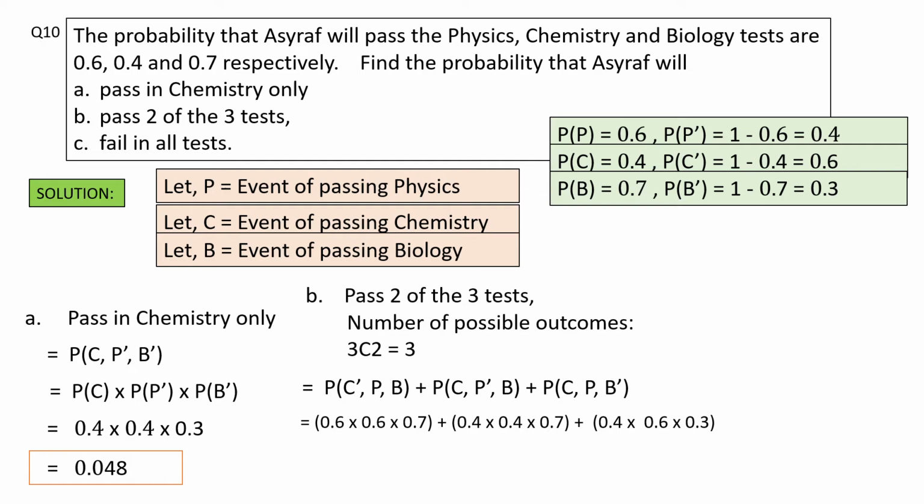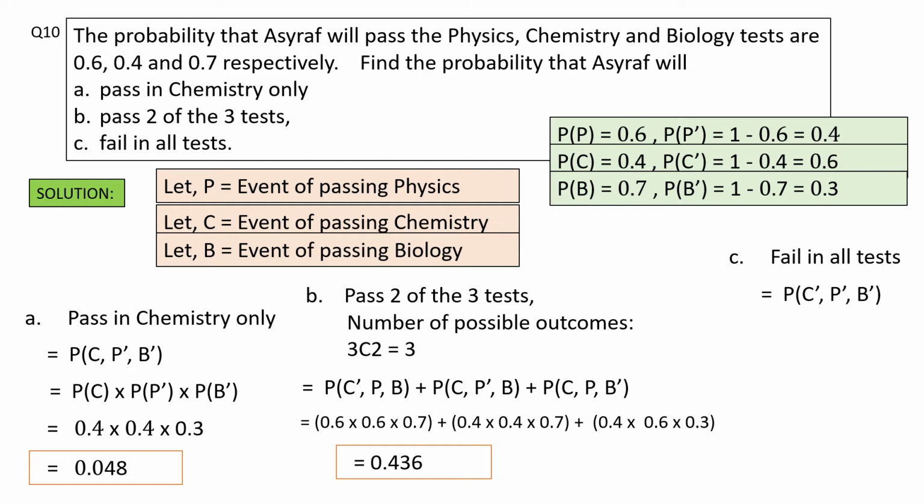For each possible answer here, you calculate the probability. Substitute all the values and get the final answer. Okay, let's move on to question 3. Find the probability that Ashraf will fail in all tests. So failing all tests means probability chemistry fail, physics fail and biology fail.